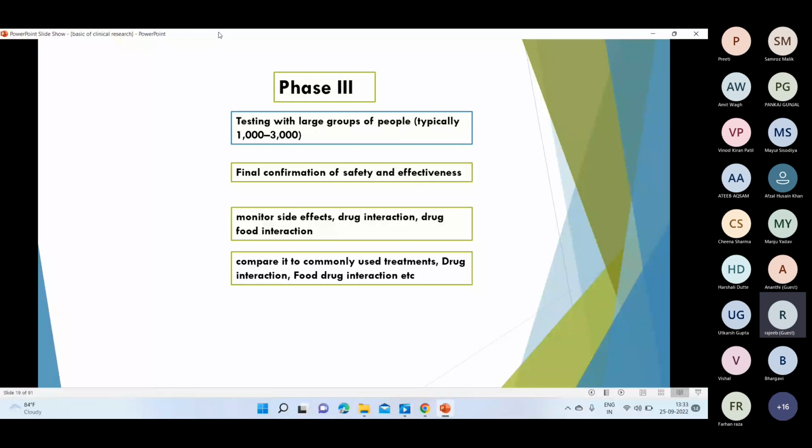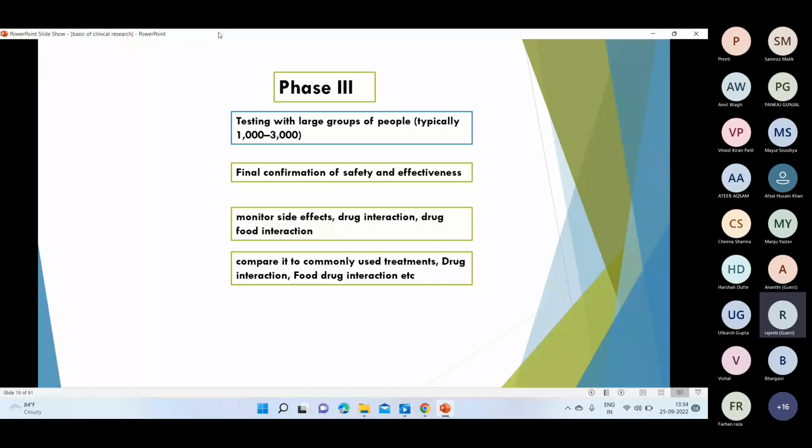For example, for a drug like tetracycline, if you take it with milk, the tetracycline can make a bond with the calcium present in the milk. So those kinds of interactions we can check. If we are dealing with an antidepressant drug, the drug used in depression, it may have some interactions with some other drugs and some other food.